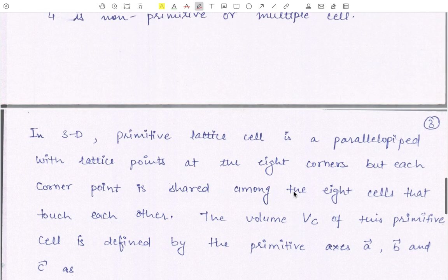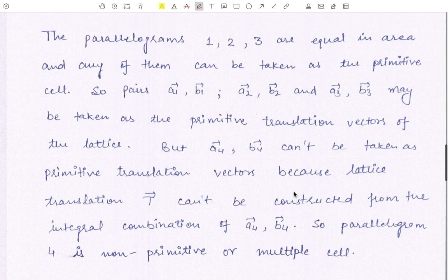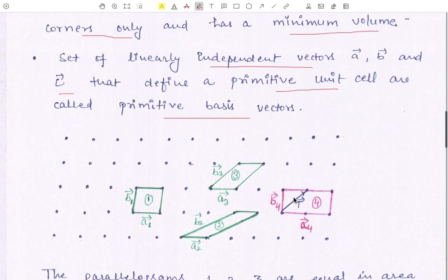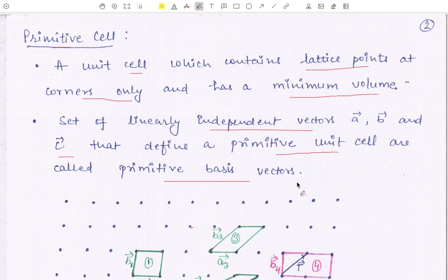So for a unit cell of a lattice to be primitive, we have 3 conditions here, not only 2 conditions. The first one, the lattice points must be at the corner points. The second one, it must have a minimum volume in 3 dimensions or a minimum area in 2 dimensions.